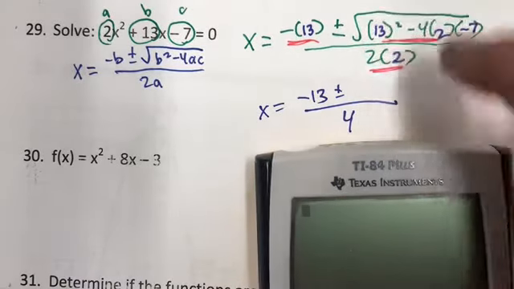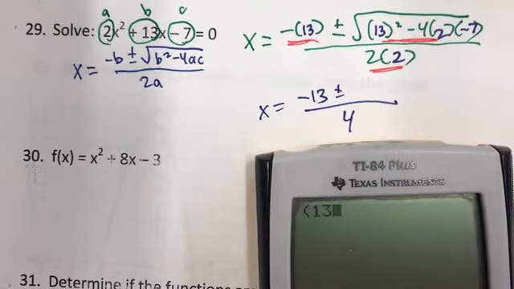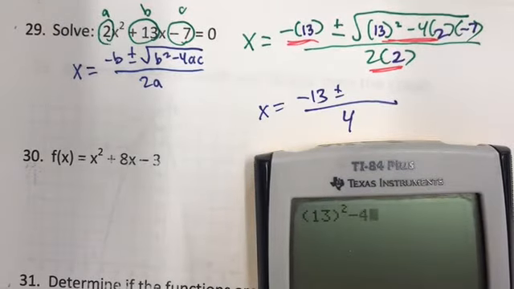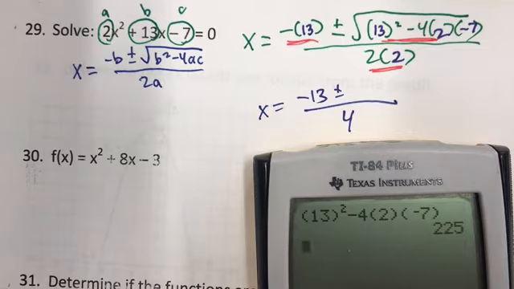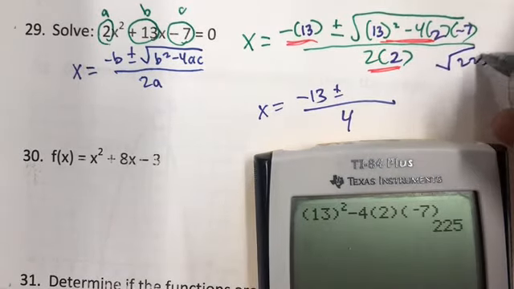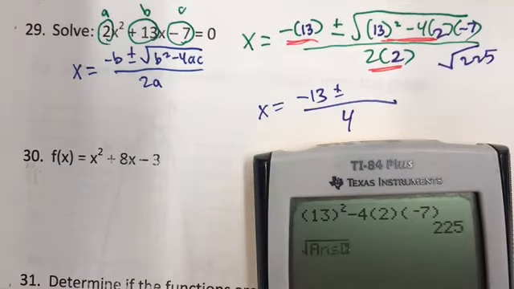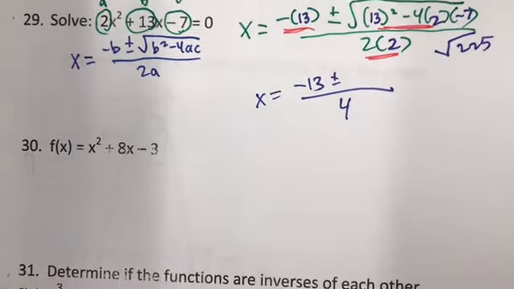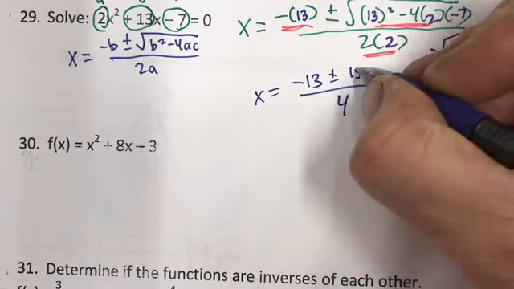Probably need to put these in parentheses. I didn't put them in parentheses. 13 squared minus 4, and then I got a 2 in parentheses, and I got a negative 7 in parentheses. That's 225. So that's the square root of 225. So now I do the square root of that answer, and I get 15.